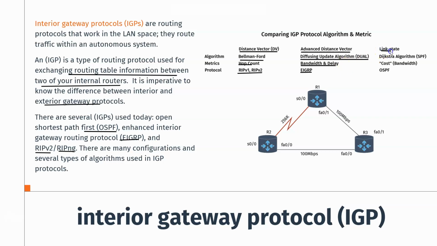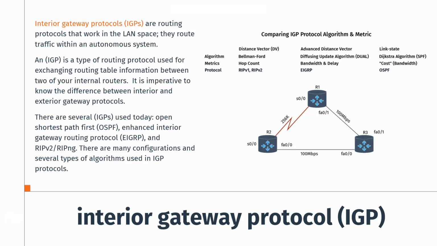Link state is the one we're probably going to focus on, and we'll do link state tomorrow with the Dijkstra algorithm, the SPF, shortest path first. It uses cost, and cost is associated with the bandwidth of the interface. OSPF is the one that we're concerned with. IS-IS, intermediate system to intermediate system, is also a true link state protocol.